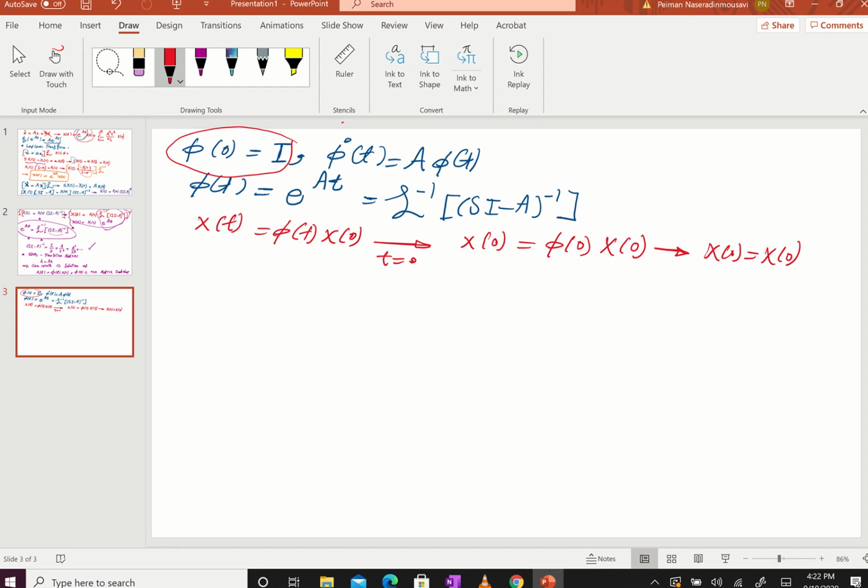So now take the time derivative of both sides, d over dt.